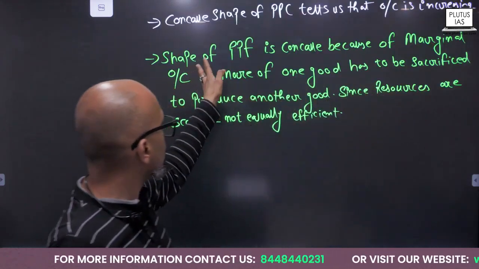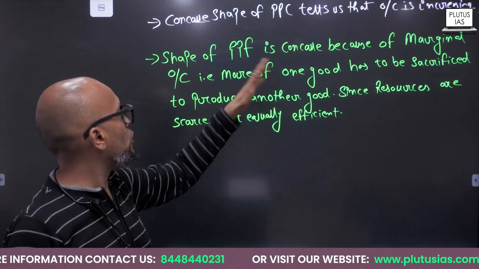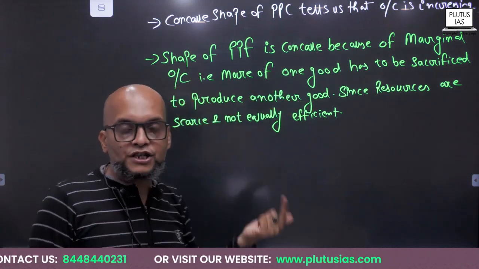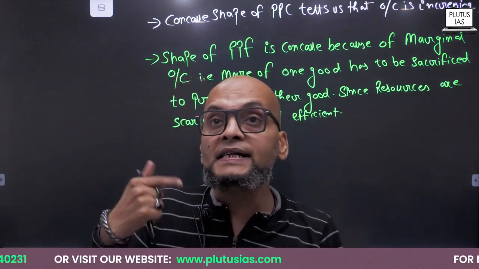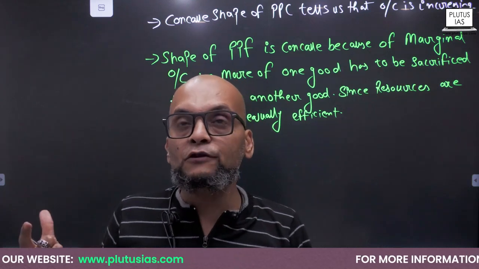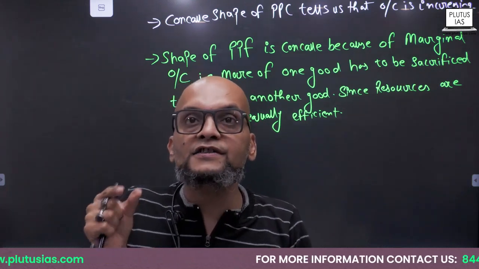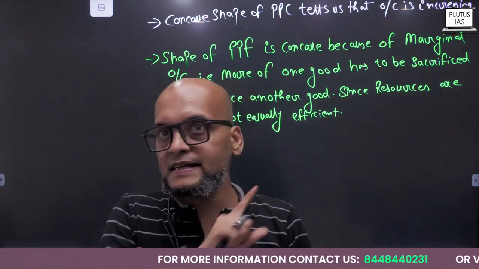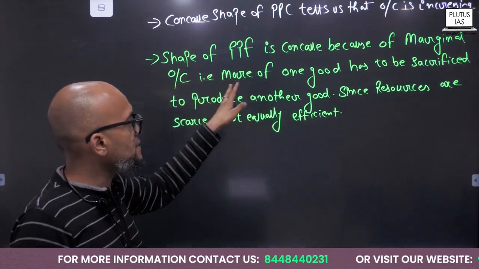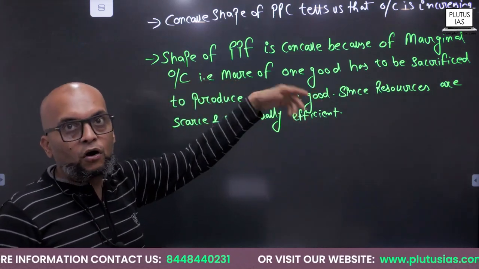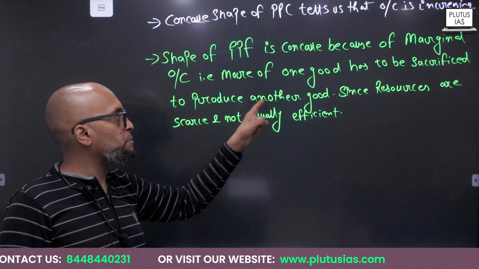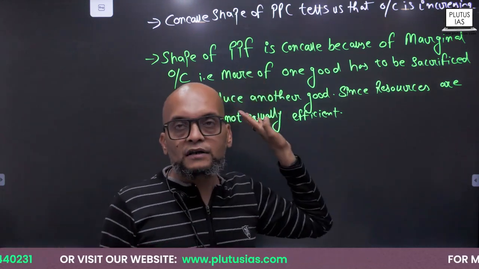So, the shape of PPF is concave because of marginal opportunity cost. Marginal means when one excess unit of good B is manufactured, how many units of A are sacrificed, as I just told you. That is, more of one good has to be sacrificed to produce another good. That we just saw, right?